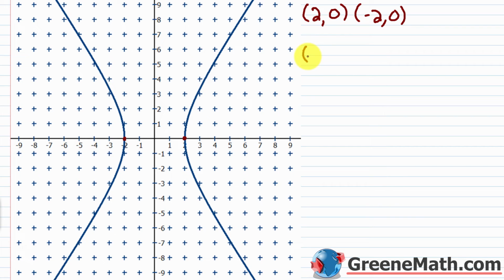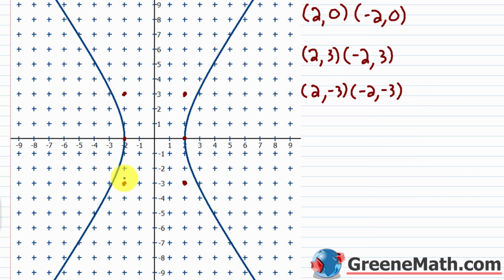We had (2, 3), (-2, 3), (2, -3), and then (-2, -3). So (2, 3) is right here, (-2, 3) is right here, (2, -3) is right here, and (-2, -3) is right here. So let's go ahead and make this rectangle.